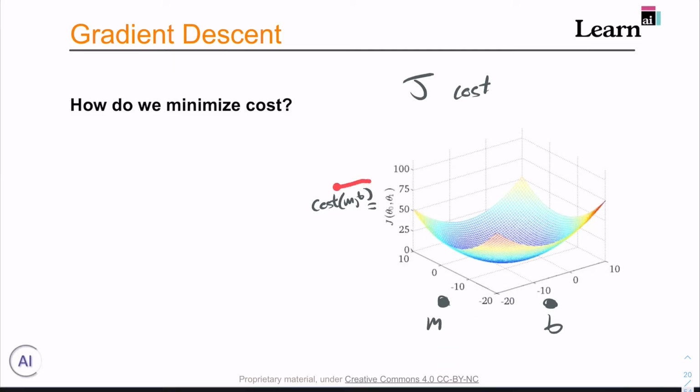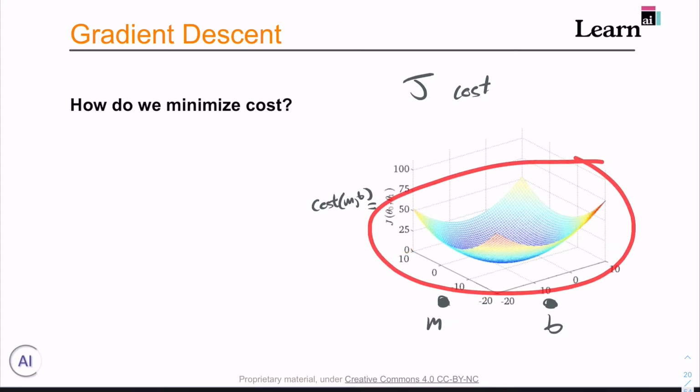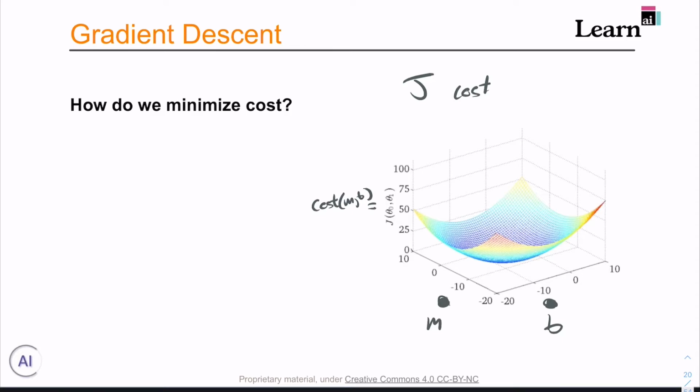And then cost, which is our third dimension here, can be thought of as the cost associated with that m and b. The way I like to think about this, and you can let me know if this is helpful, is that all points on this plane are all of the lines that we could possibly draw. This plane really exists, it expands in all directions infinitely. We're focusing on this part because this is obviously a place of interest.